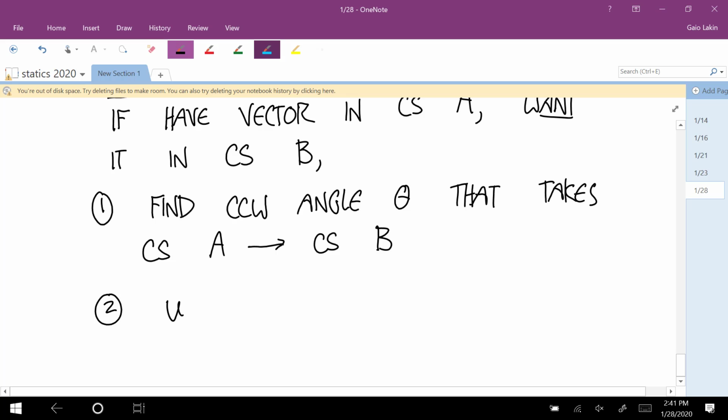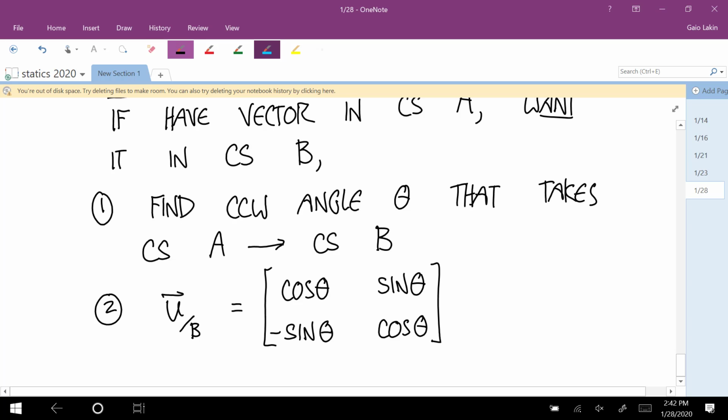Then your vector, I'll call it U, in coordinate system B is cosine theta, sine theta, negative sine theta, cosine theta, times your original vector.